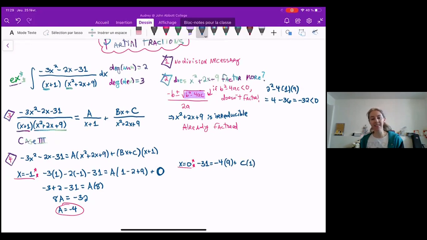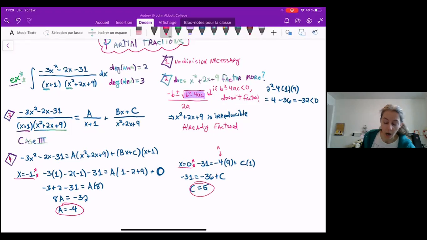And notice plugging in that 0 was a really smart choice here because it eliminated b as well, which means that I'm going to be immediately able to solve for c, and I won't have to do a system of equations like we saw in the last problem that we did right before March 5th. So this negative 4, remember, that's my a. So here I get negative 31 is equal to negative 36 plus c, and c is equal to 5.